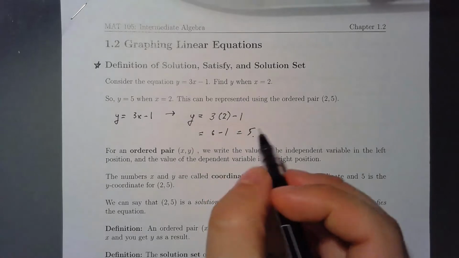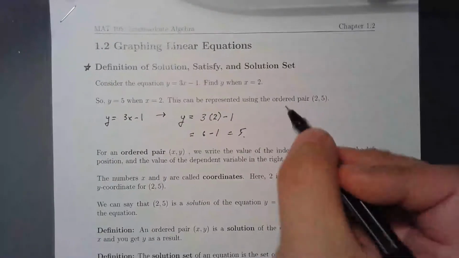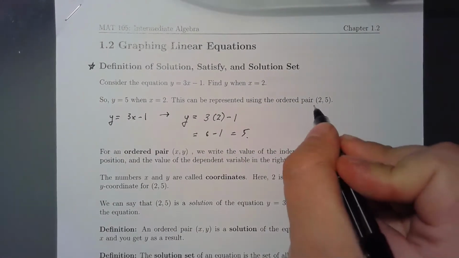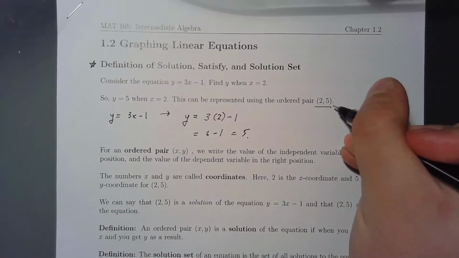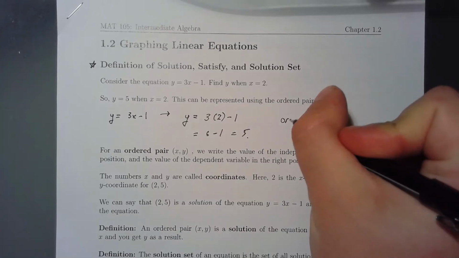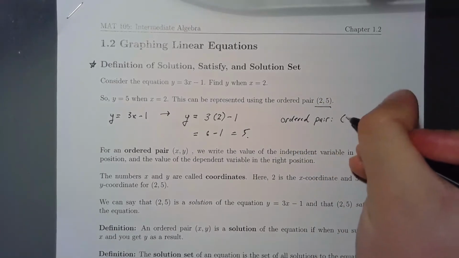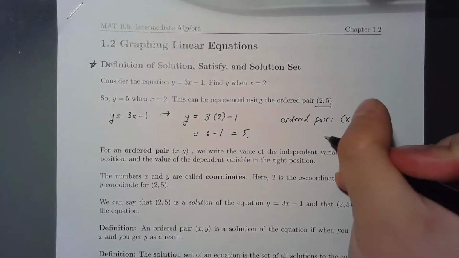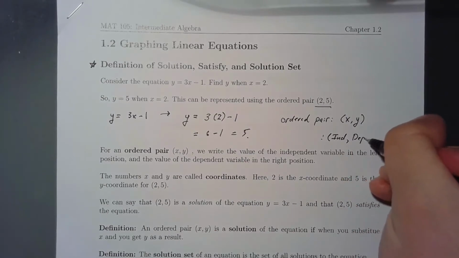And basically we can represent these two values as an ordered pair, (2, 5). When we represent an ordered pair, it's always represented as (x, y), or to be more common, independent variable, dependent variable.